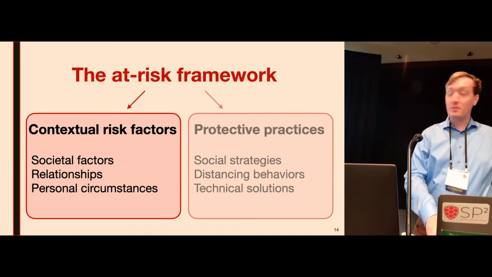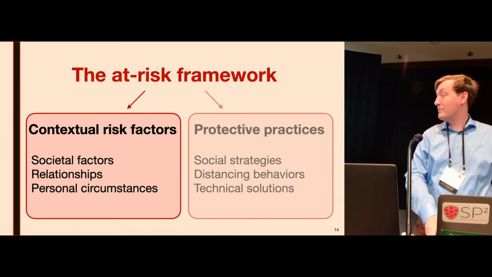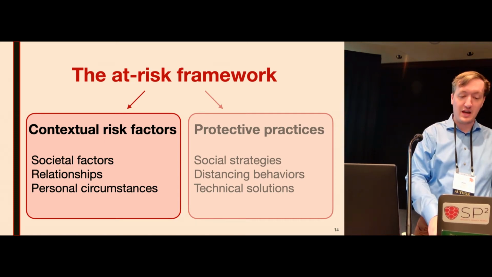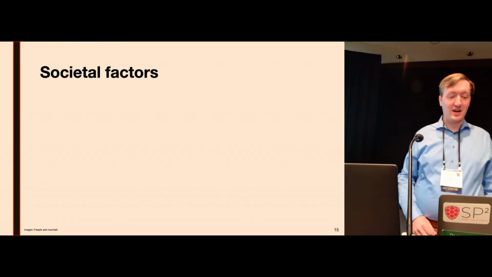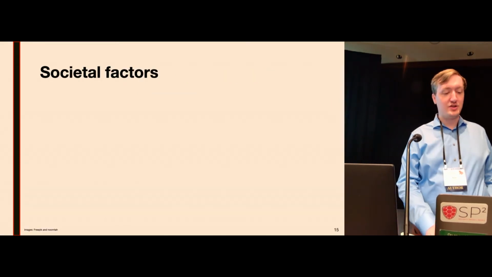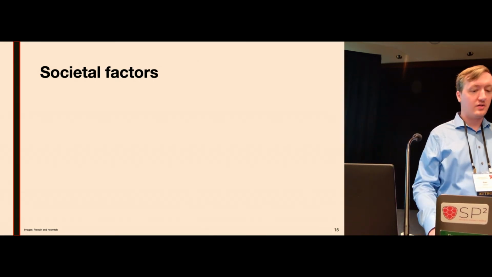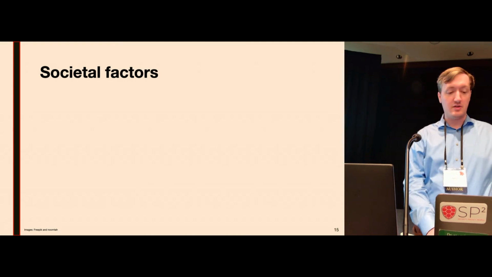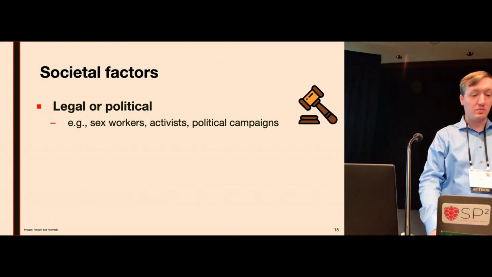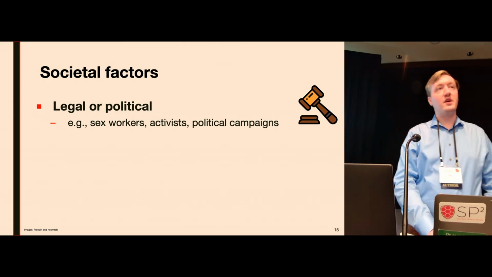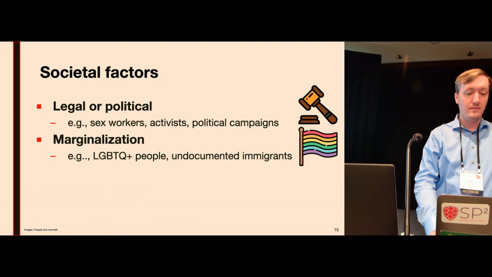So, now I'm going to go into some more detail about the contextual risk factors. We identified a comprehensive set of 10 of these in these 3 categories, and on the following slides, I'll discuss each of them. So first, our first set of contextual risk factors are the societal factors I mentioned, so broad social or political considerations that impact one's digital safety. The 3 factors in this category are legal or political, where the laws and policies of government or political activity have an impact on your digital safety profile.